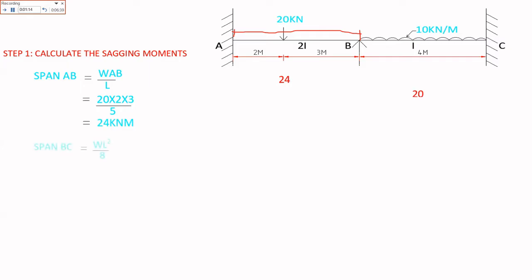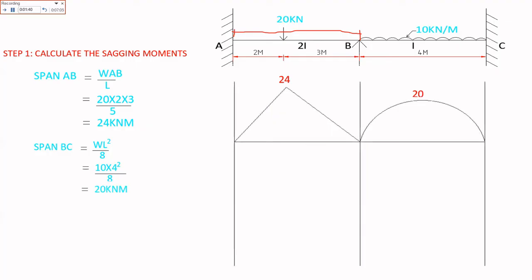For span BC, the formula for calculating the sagging moment is WL squared over 8. So W is our UDL, which is 10, and L is the span, which is 4 meters. If you work that out, you get 10 times 4 squared divided by 8, which is 20 kilonewton meter.